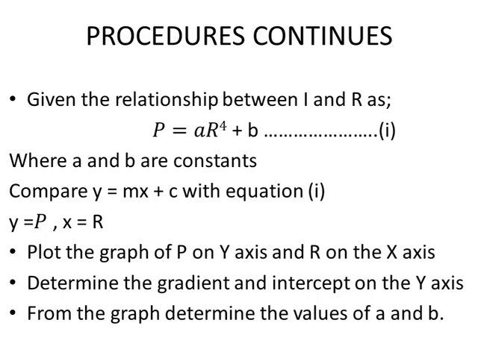So determine the gradient and intercept on the y-axis. From the graph, determine the values of A and B. Which means you have to plot your graph first before you can get the values for your A and B, before you can get your slope and your intercept. All these things, they all depend on your graph.